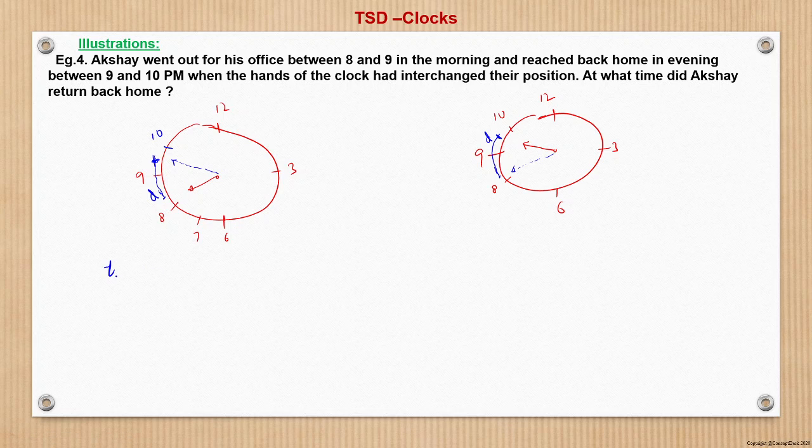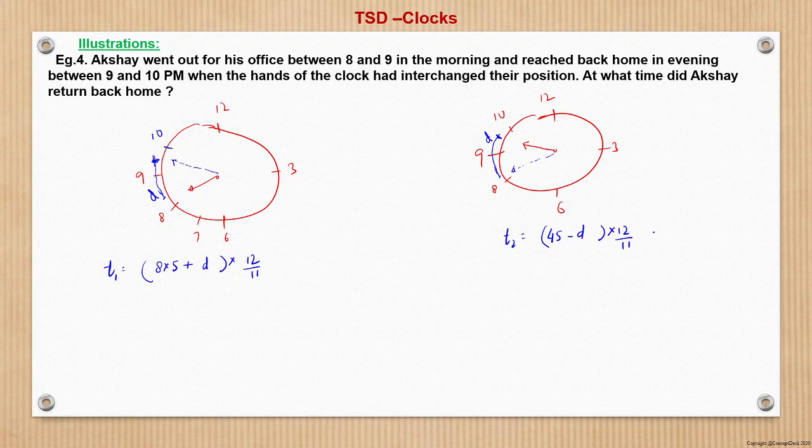That time t1 we can find as 8 into 5, and here the minute hand is ahead, so plus d, into 12 by 11. And in this case time t2, the time of return, will be nothing but 9 into 5, which is 45, minus d, because the minute hand is behind, into 12 by 11. So this is the initial and the final time.